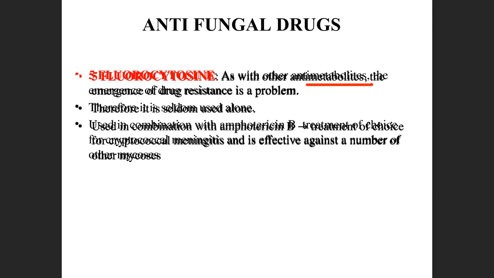It is always used in combination with amphotericin B, and it is seldom used alone. For which condition is it used? It is used for meningitis. Combined with amphotericin B, it is the drug of choice for treating meningitis.